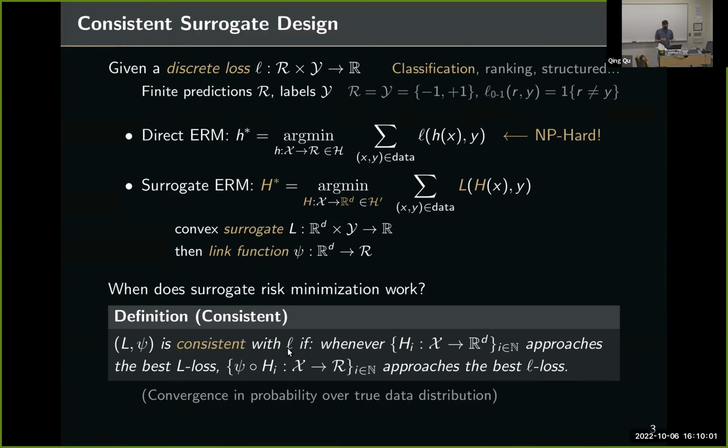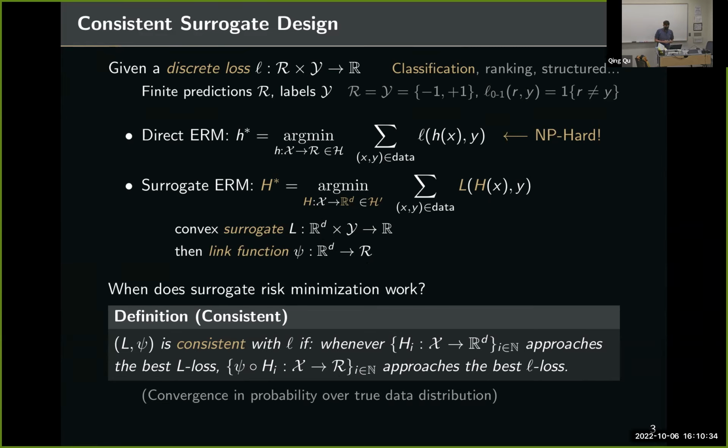We say that these three are consistent if whenever you have a sequence of surrogate hypotheses that approaches the best possible surrogate loss, then when you link them, mapping through the link back to R, so these are functions from X all the way to R, that sequence should approach the best possible target loss.